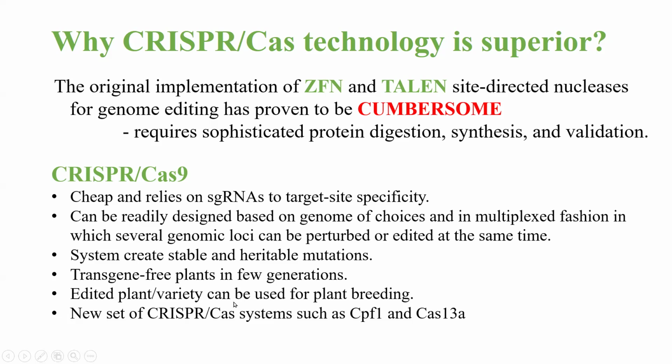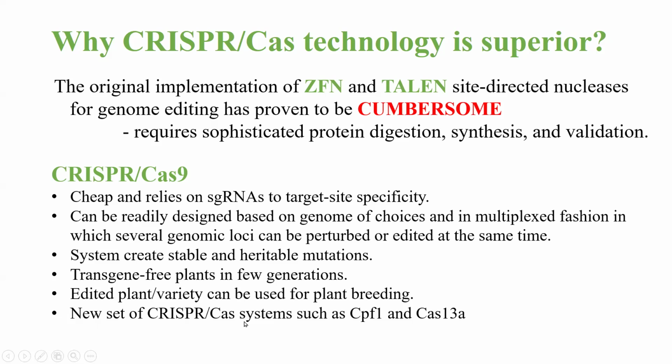An edited plant or variety can be used for plant breeding. For example, you edited a plant, and the editing was successful, but the edited plant is not commercially profitable. In that case, you can use that edited line as material for plant breeding to cross and back cross and transfer the gene to the target commercial plant.